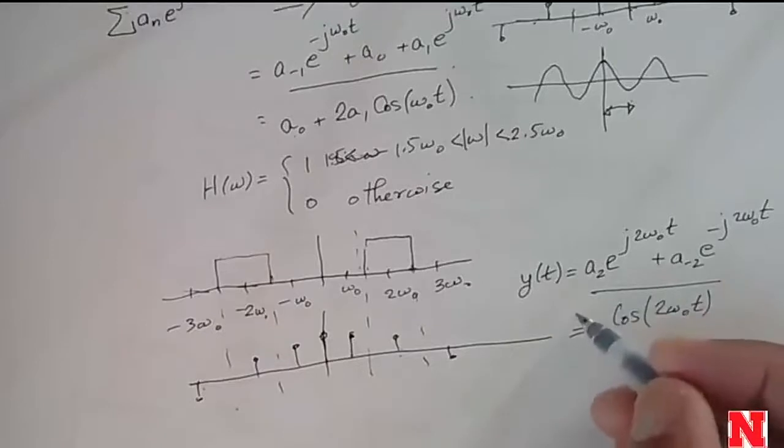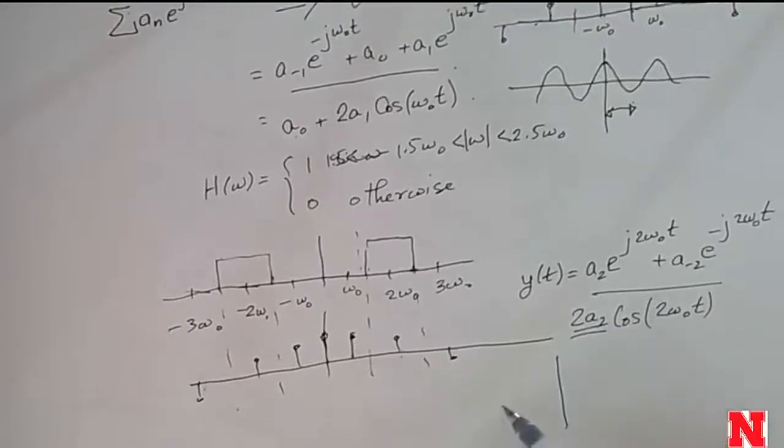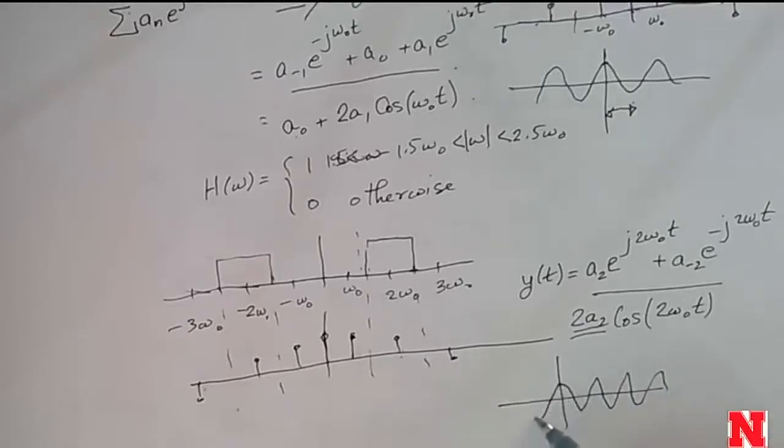Again, let's assume that this is an even function so that I can write this as 2a2, and I don't have to worry about the phase. And if that happens, it will correspond to some sinusoid whose height will be this coefficient, and whose frequency will now be 2 omega naught.